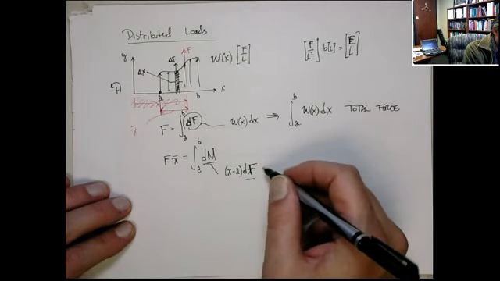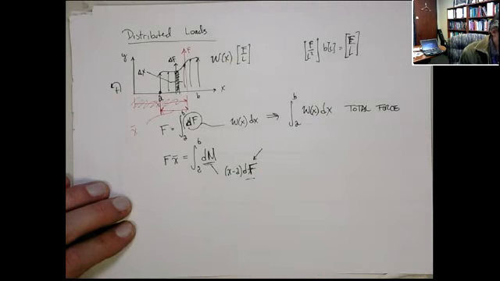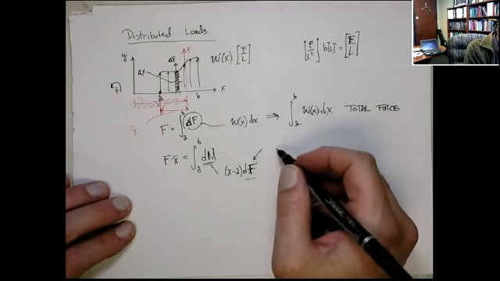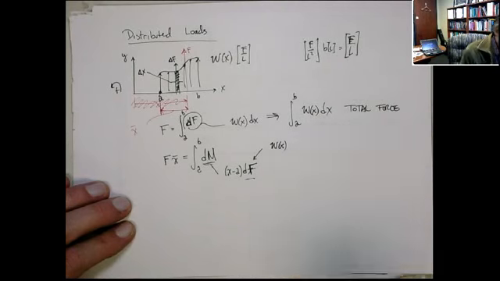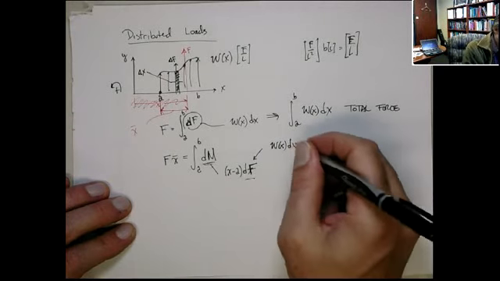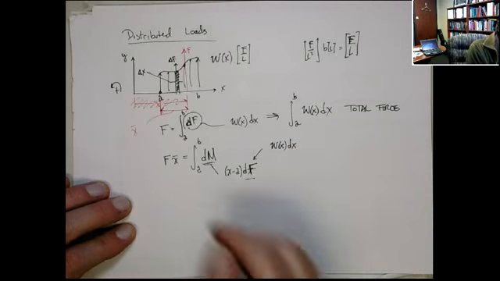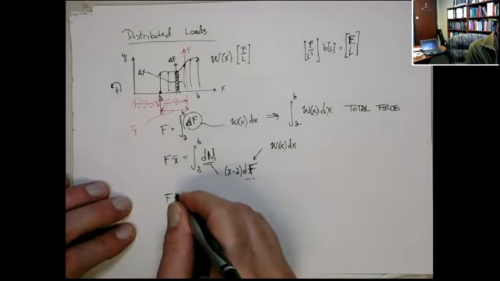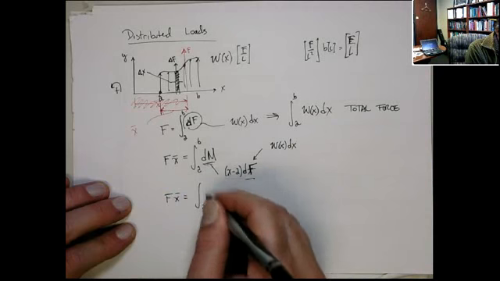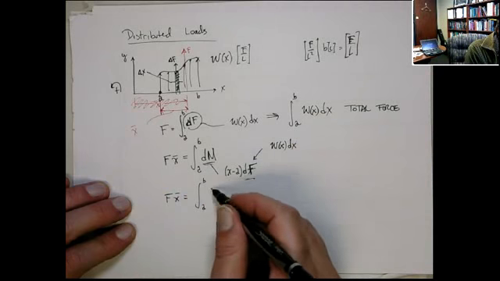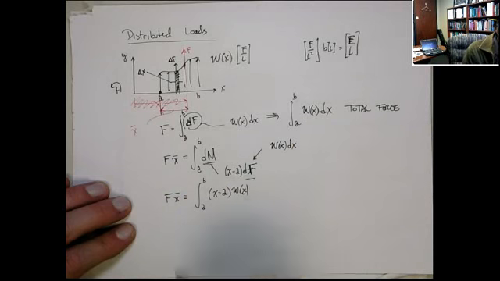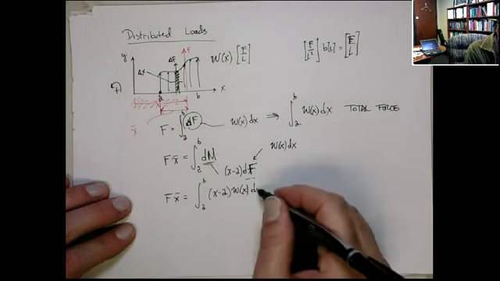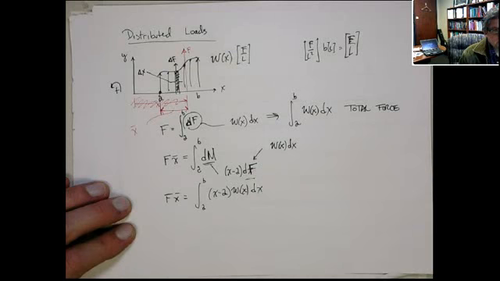We already know that dF is equal to w(x) dx. So F x bar is the integral from A to B of (x minus A) w(x) dx.